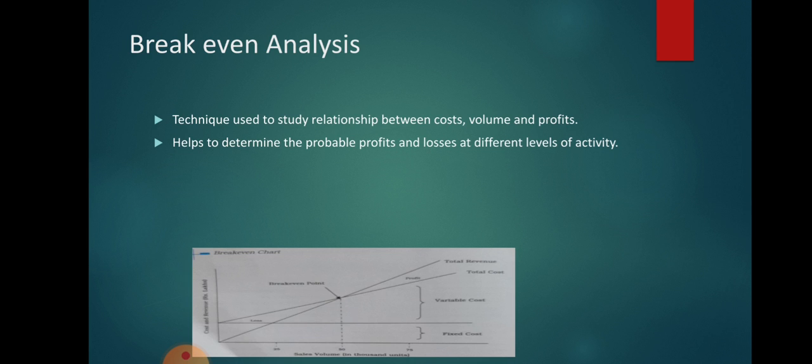So we are going to decide what point is going to give us a break-even, meaning no profit, no loss. We are going to study that, and with the help of that the profit can be increased by making efforts to make more sales. The sales point where there is no profit or no loss is known as the break-even point. It is a sales point, meaning 100 units.